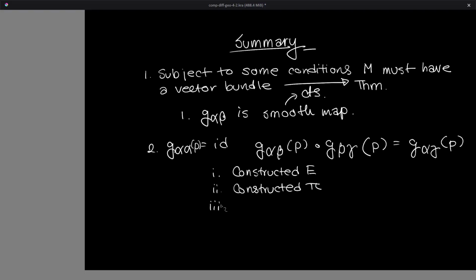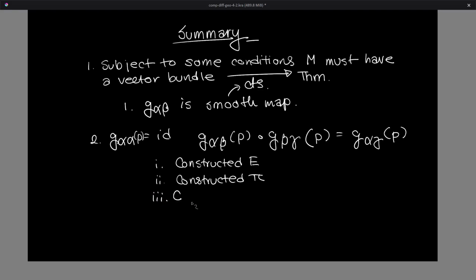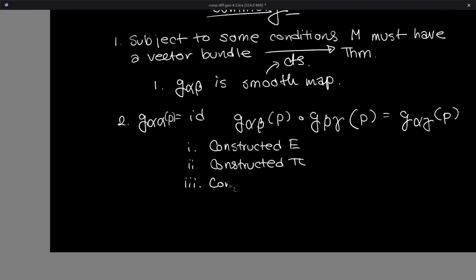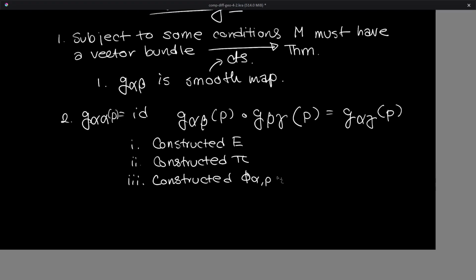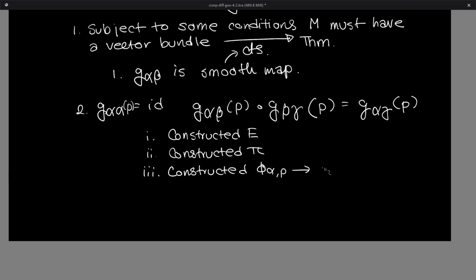We then constructed phi alpha P, which led us to show that phi alpha is a homeomorphism, because we showed that it was continuous with continuous inverse.